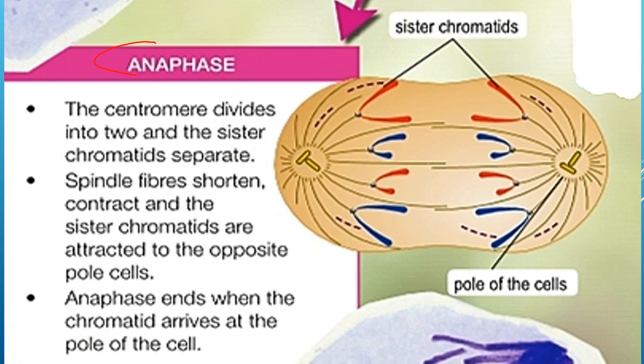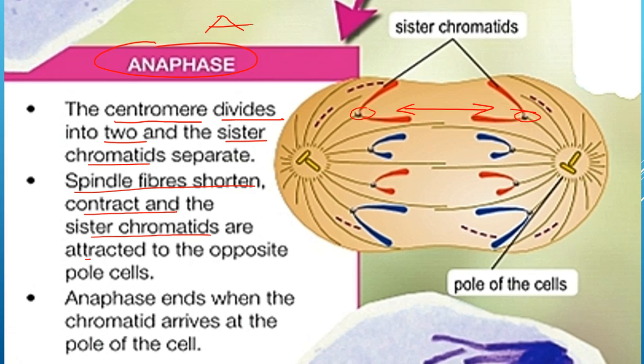And then we have anaphase. What happened here is the centromere divides into two. Nampak ni? Centromere divides into two sudah, separating the sister chromatids. Nampak sudah separate. The spindle fibers shorten and contract, and the sister chromatids are attracted to the opposite poles of the cell.